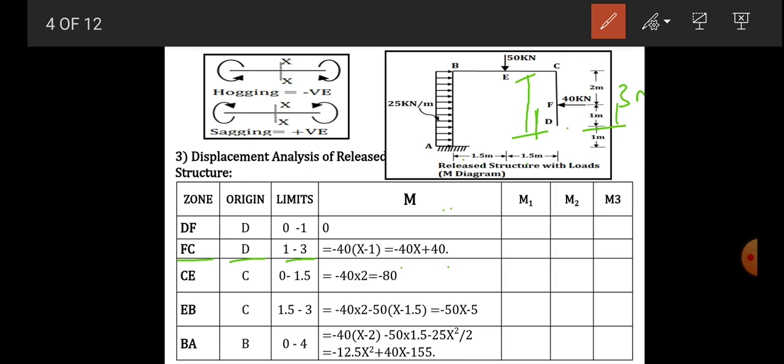Now draw the imaginary axes in the FC zone to find the second cell of the M column.